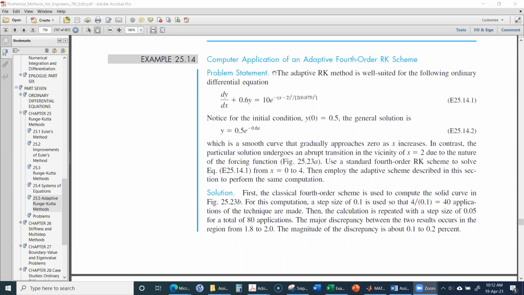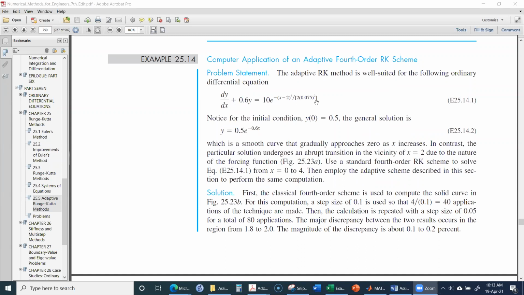Suppose you have an equation. This adaptive Runge-Kutta method is well suited for the following ordinary differential equation: dy over dx plus 0.6y is equal to 10 times e to the power of minus (x minus 2) squared over 2 times 0.075 squared.